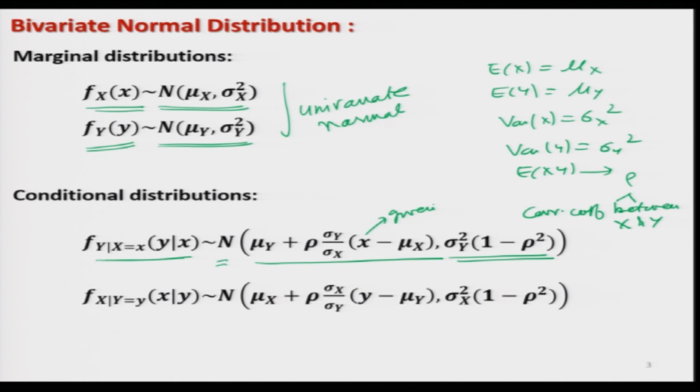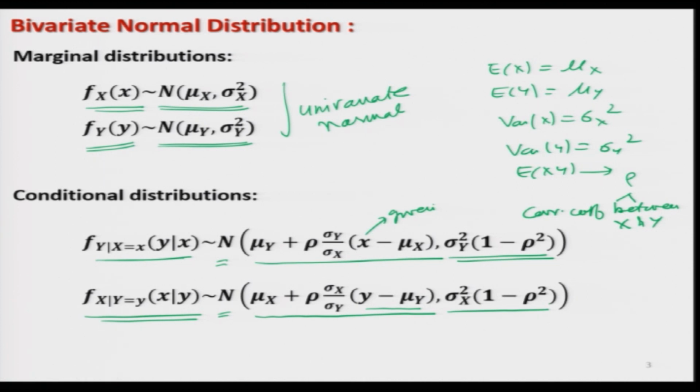Similarly, the conditional distribution of x given y will be a univariate normal with mean mu x plus rho times sigma x upon sigma y into y minus mu y, and the conditional variance will come out to be sigma x square into 1 minus rho square.